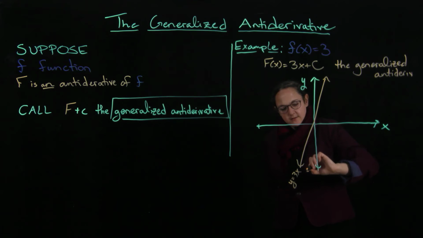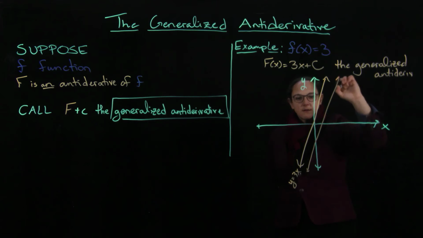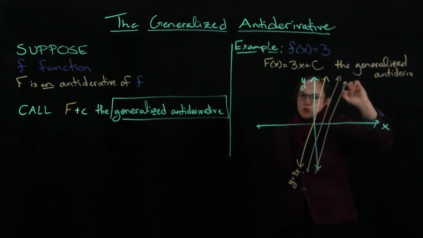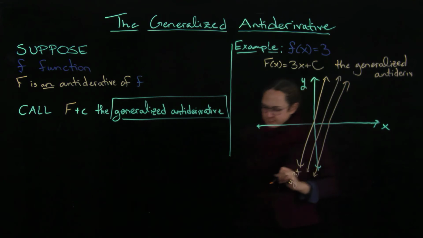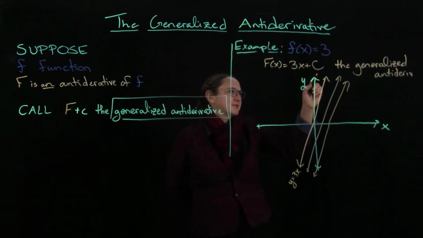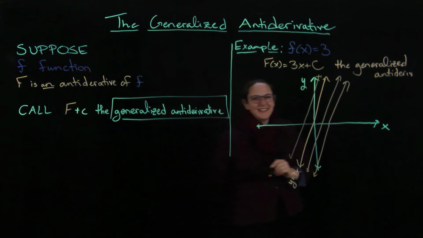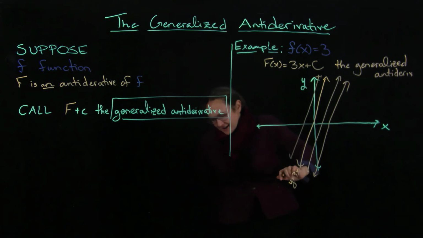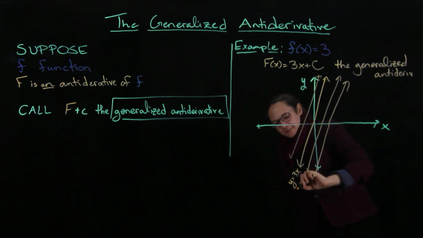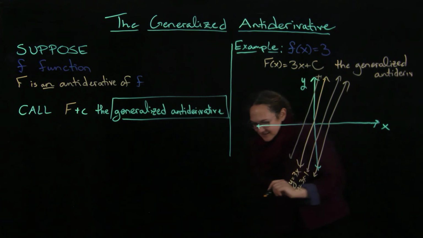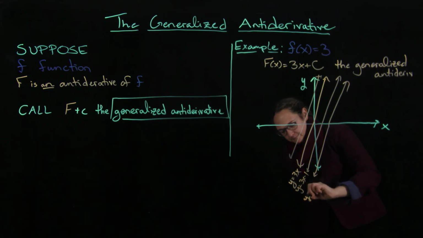These are supposed to all be parallel. Maybe this is y equals 3x minus 1, and this would be y equals 3x minus pi.